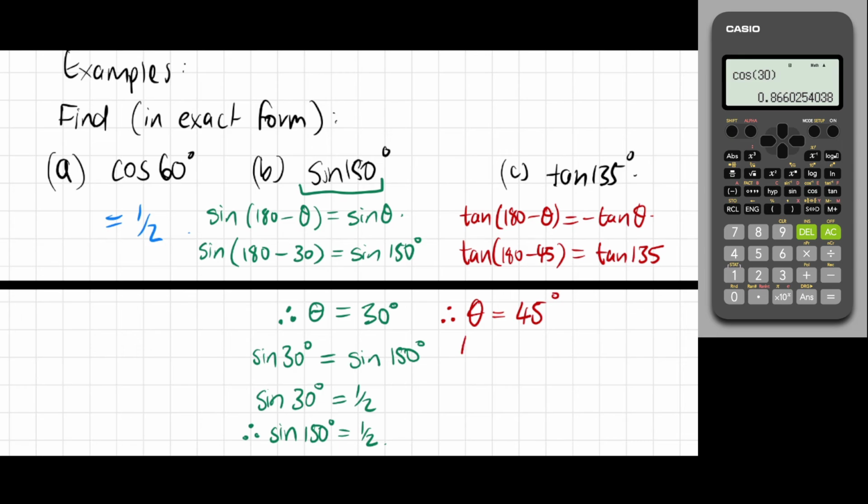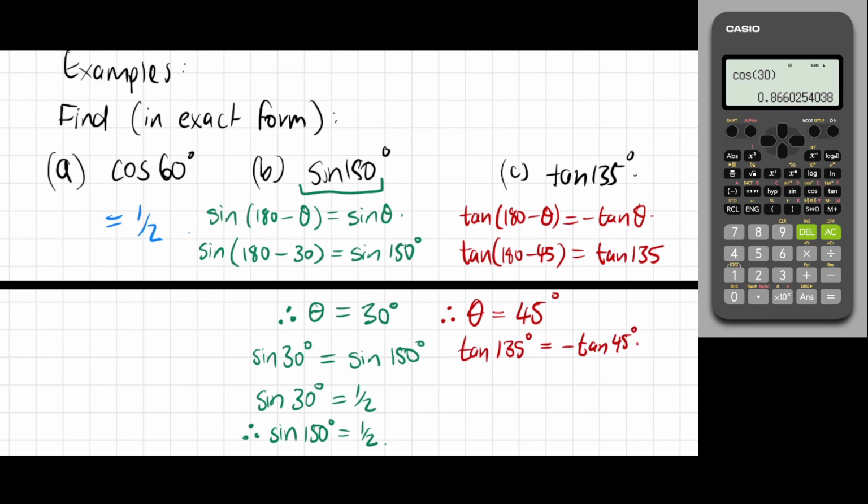Okay, so we know that tan of, or minus tan of 45 degrees. Actually, we'll write it this way around, I think. Tan of 135 degrees is equal to minus tan of 45 degrees, okay? So whatever tan of 135 degrees is, it is equal to minus tan 45.